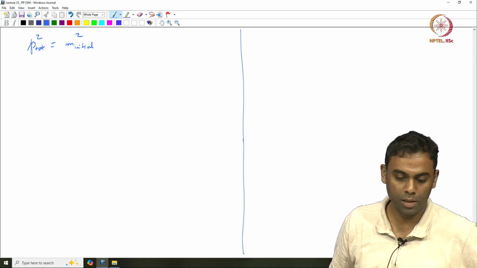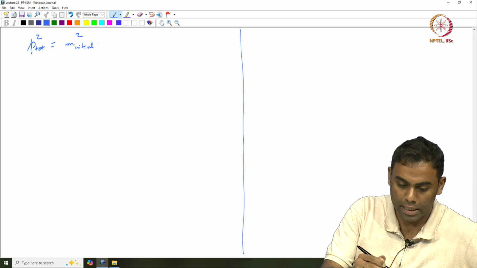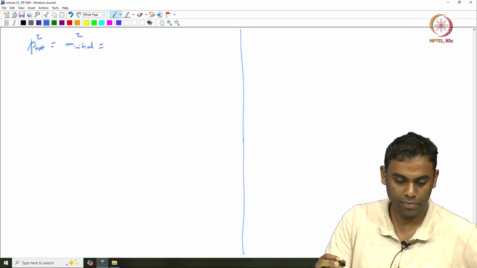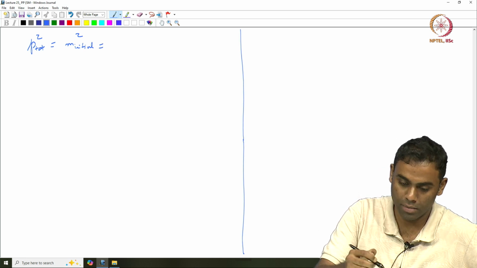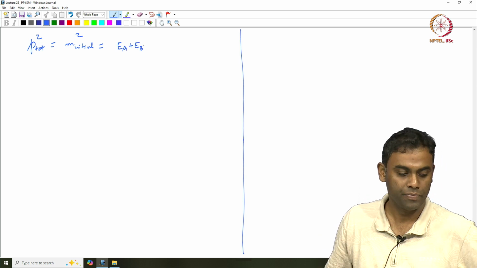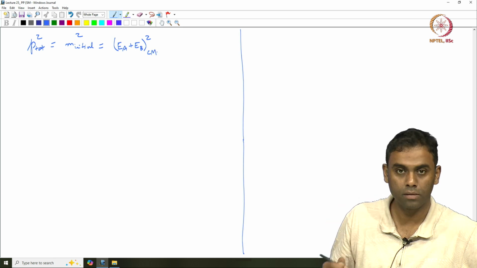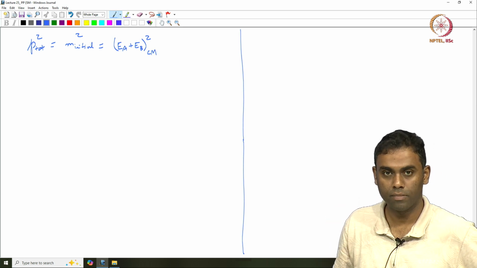What is one other way to think about this? In the center of momentum frame, right, this is nothing but EA plus EB the whole squared in the center of momentum frame.